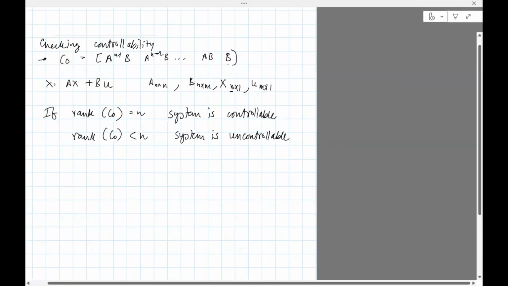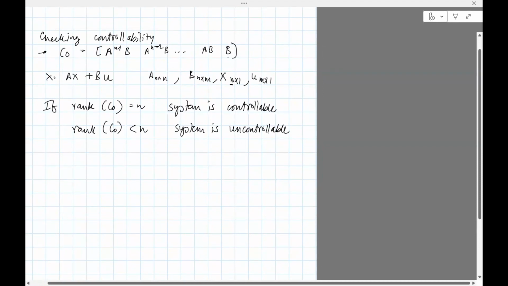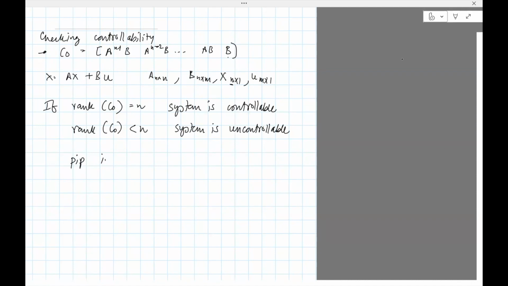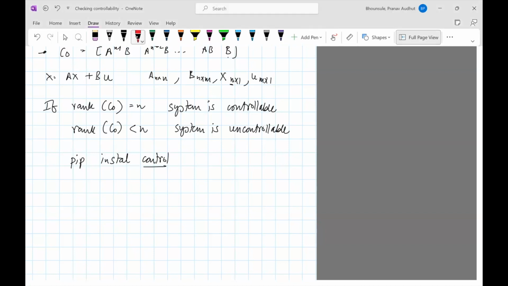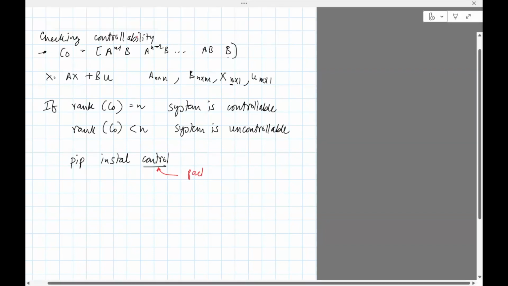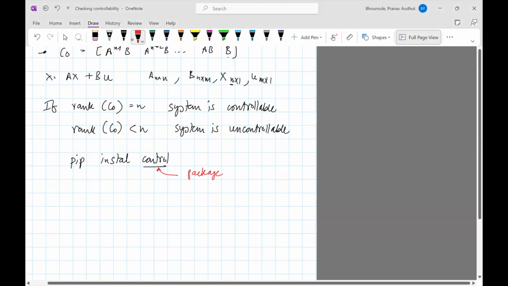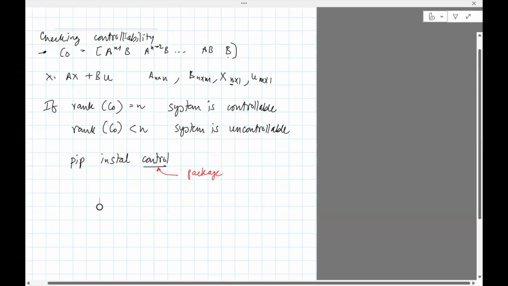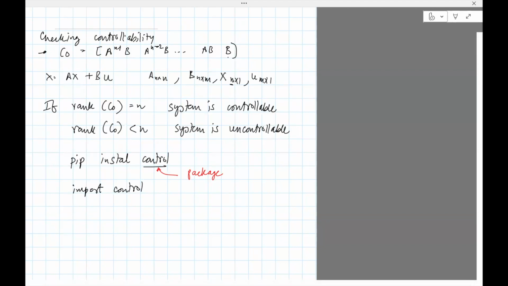The way you'll do this in Python is that you do not really need to find this matrix CO by hand. All you do is the following. You first install the package control. There's an equivalent package in MATLAB, which you might have used for your class. Then you import control. Then you can set up the controllability matrix. It is basically control.ctrb, a short form for controllability.